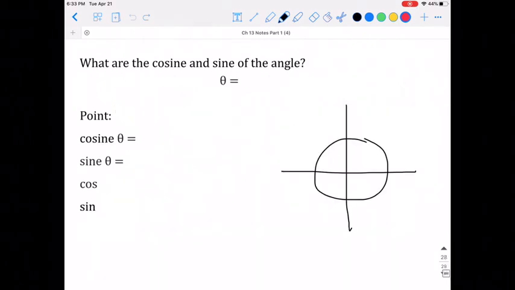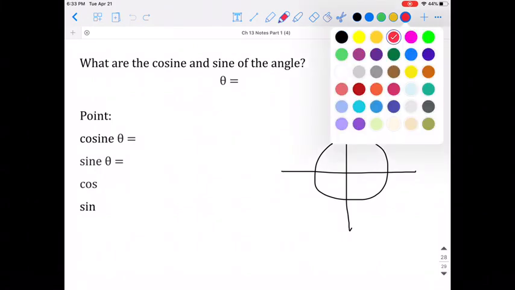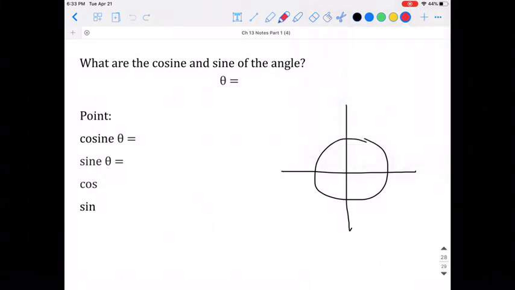And for our next example, what are the sine and cosine of the angle theta equals 225 degrees? So for 225, we're starting our initial side on the positive x-axis, and because it's positive, we're moving in the counterclockwise direction. So we're going a full 180 degrees, and then 225 is going to give us 45 degrees extra here. So we're going to be approximately right around here on our unit circle.